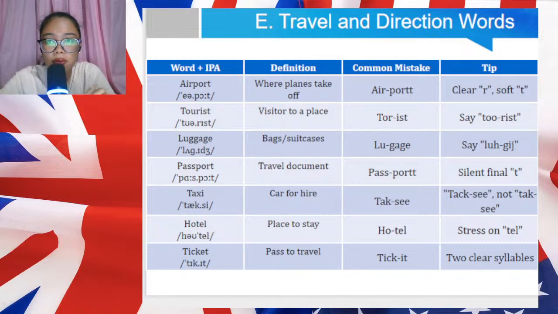It should be a soft stop of air, not prolonged. You should not pronounce it too long, and it should not be harsh or hard. It should be a soft T sound only.